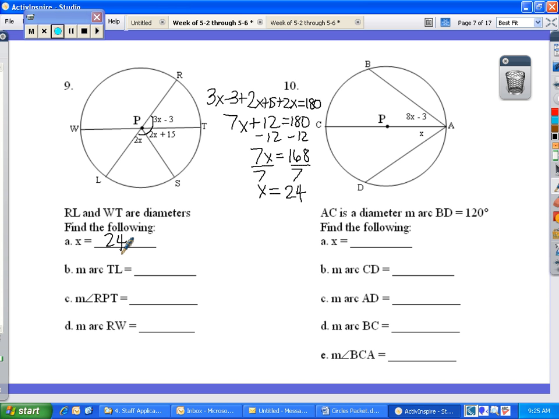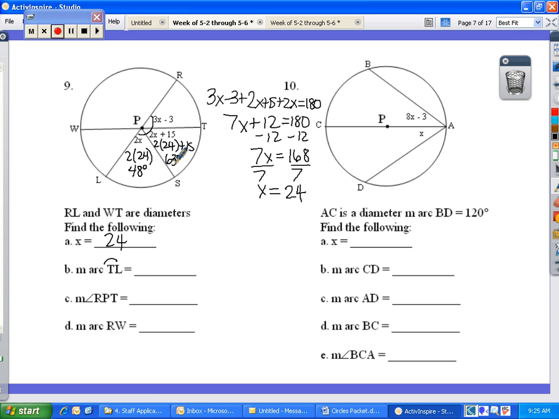Now I want you to find TL. Measure of arc TL. So that goes from here to here. So I'm going to plug x in to find each of them. This one's going to be 2 times 24 plus 15. 2 times 24 is 48 degrees. And over here it's 48 plus 15, which is 63 degrees.